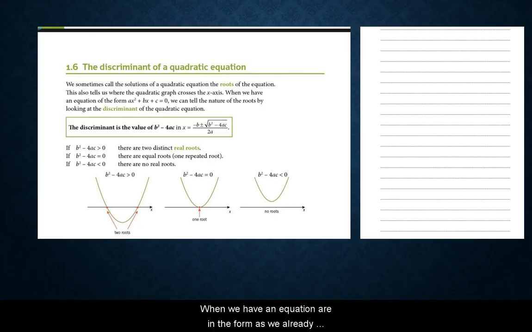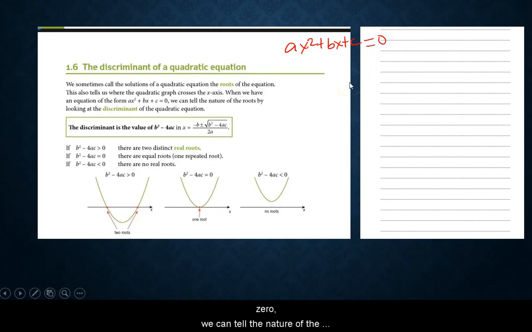When we have the equation in the form ax squared plus bx plus c equal to 0, we can tell the nature of the roots by looking at the discriminant of the quadratic equation.